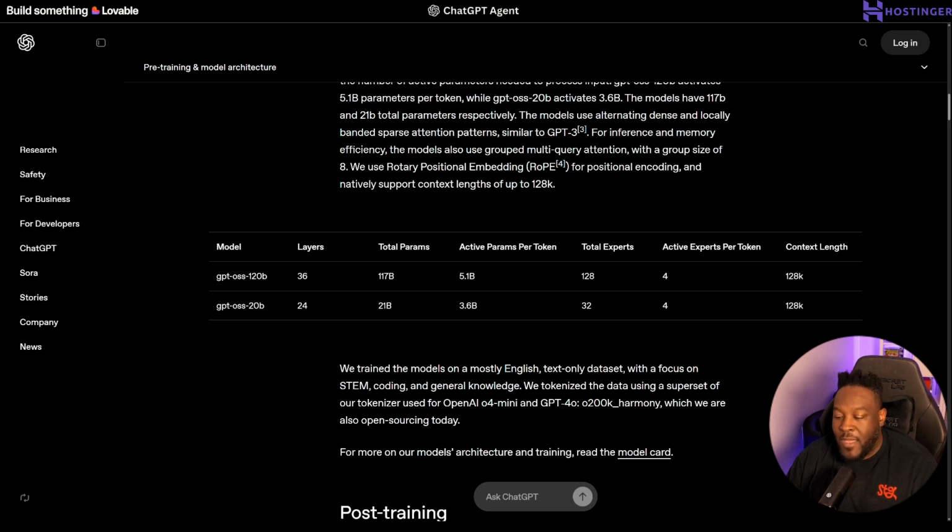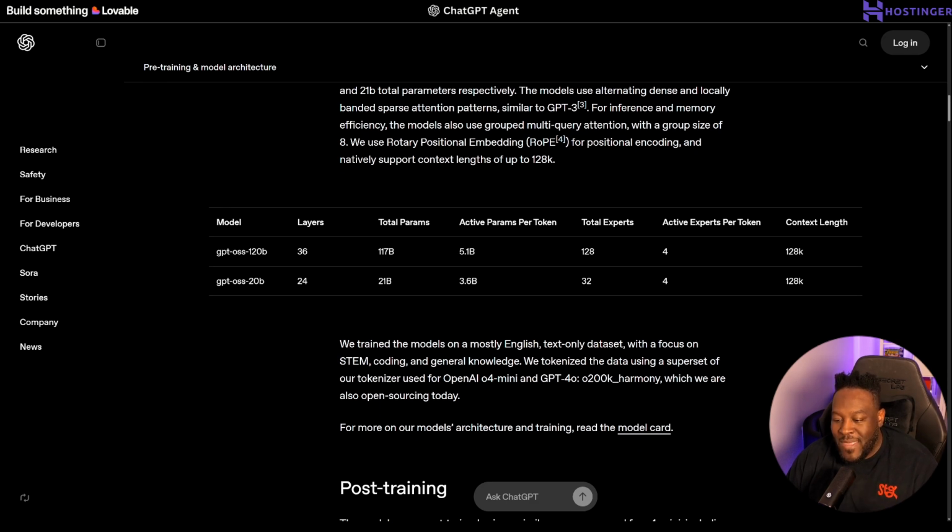I want to come down to this breakdown. We have the models here on the left, the 120B and the 20B. You see the difference. We have 36 layers versus 24. We have 117B versus 21B parameters. That's a big difference here. We have the 5.1B versus 3.6B active parameters, not too bad. The total experts is another huge difference, 128 versus 32. And of course, the context length of both is 128K.